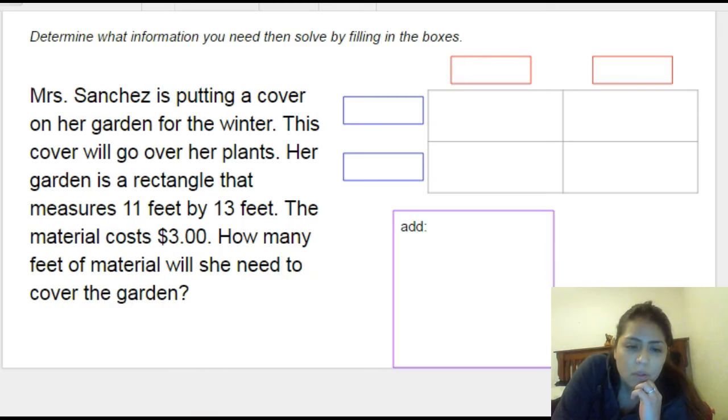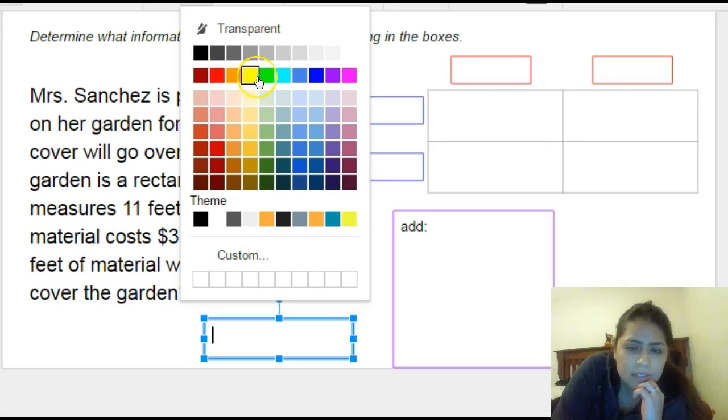What I can start by doing is drawing an image of this. It says that her garden is a rectangle. Oops, I made that go away, didn't I? Here, let me bring back that text box.